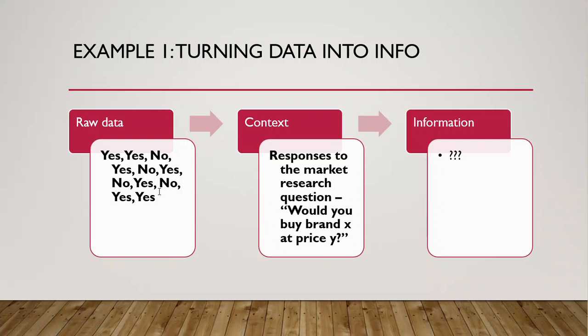So yes, no, yes, no. This yes, no refers to the responses from the market research question. So what kind of information can be derived from this raw data given this context?